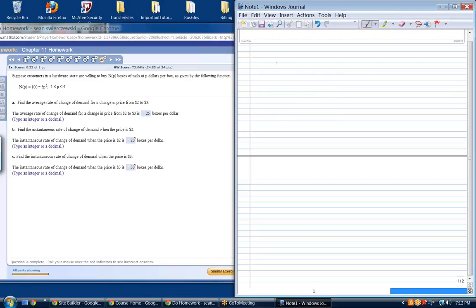Let's make sure that my method works. Let's figure out n prime of p, first derivative. Well, if I apply the power rule, that goes to 0. And if I apply the power rule to the second part of it, it becomes minus 10p to the 1.